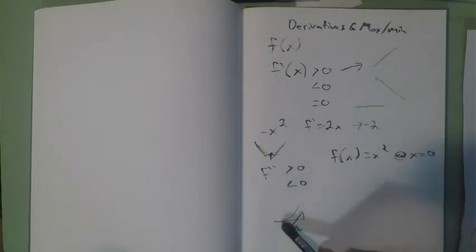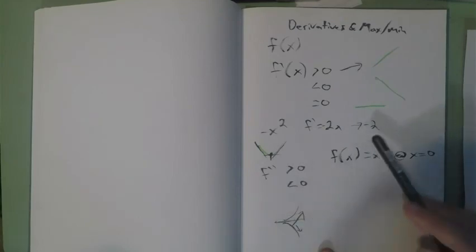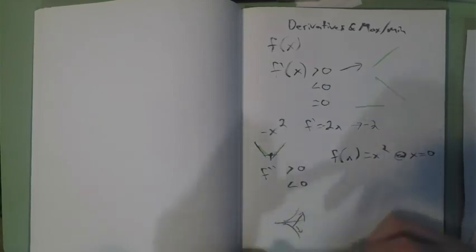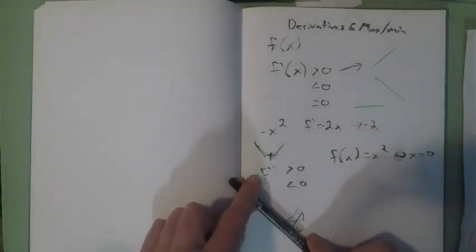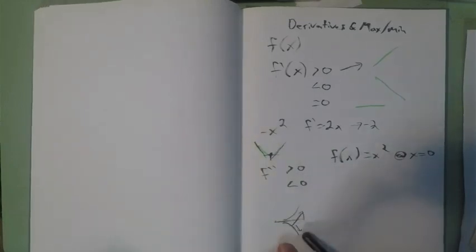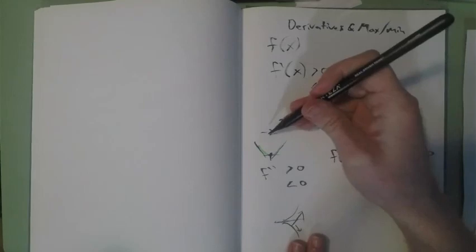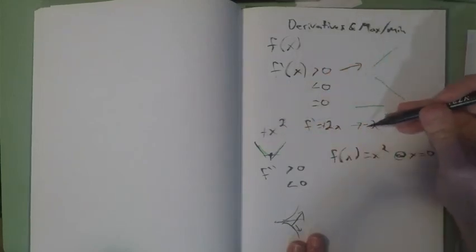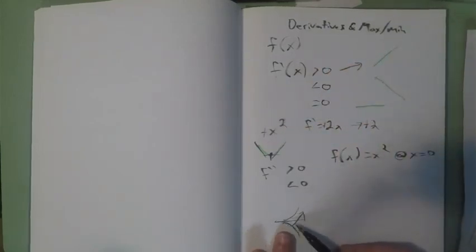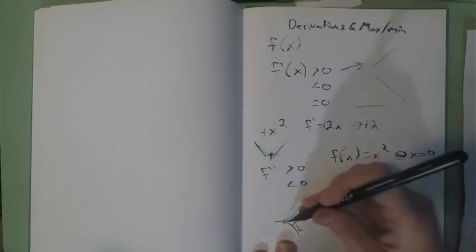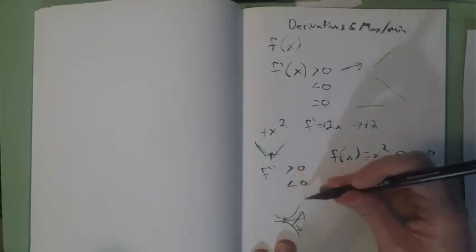And that's going to tell us, are we going from a point where we've flattened out, where we've reached the top or bottom of the function? Are we moving to a spot where our slope is getting smaller, i.e. negative, which would mean we're looking at a maximum? Or is it getting bigger, like we had with positive x squared, in which case our slope goes from 0 to something bigger than 0, which means we're looking at probably a minimum.